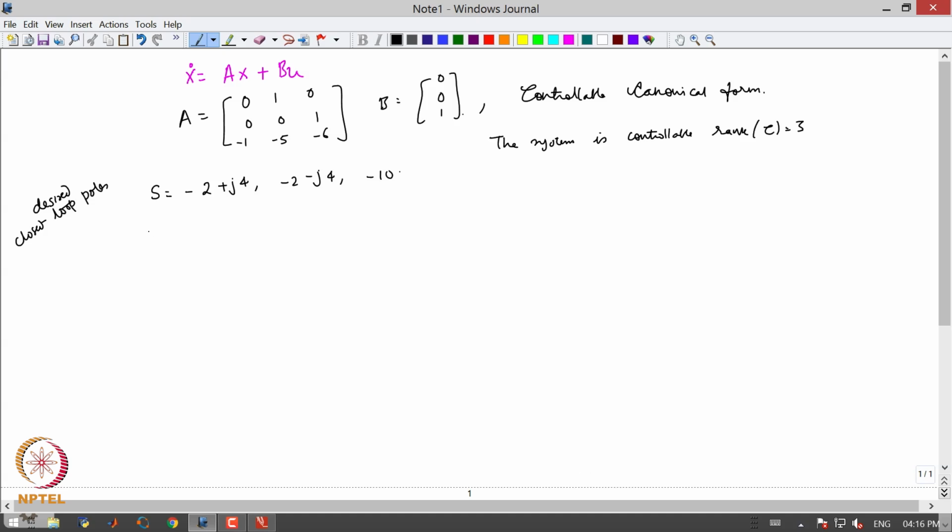The characteristic equation of the uncontrolled or open loop system would just be s cube plus 6 s square plus 5s plus 1. This is what is given to me. Now, based on the closed loop poles, can I find out the desired characteristic equation?